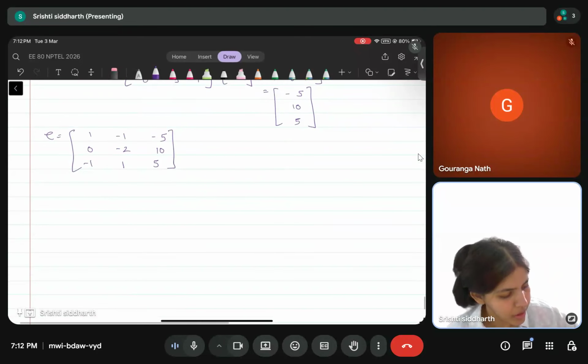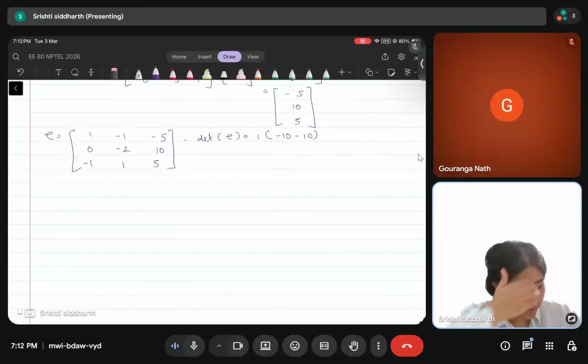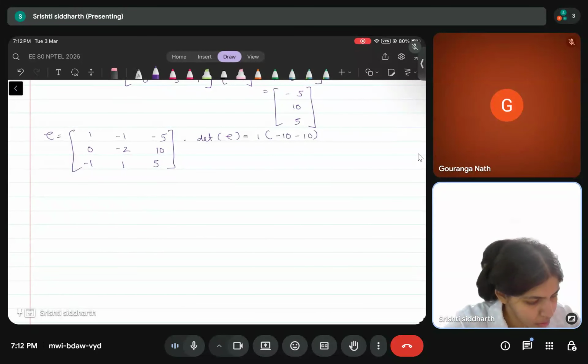So let's compute the determinant. We can compute it along the first column. Then we have 0 and minus 1 times minus 10 plus 10.